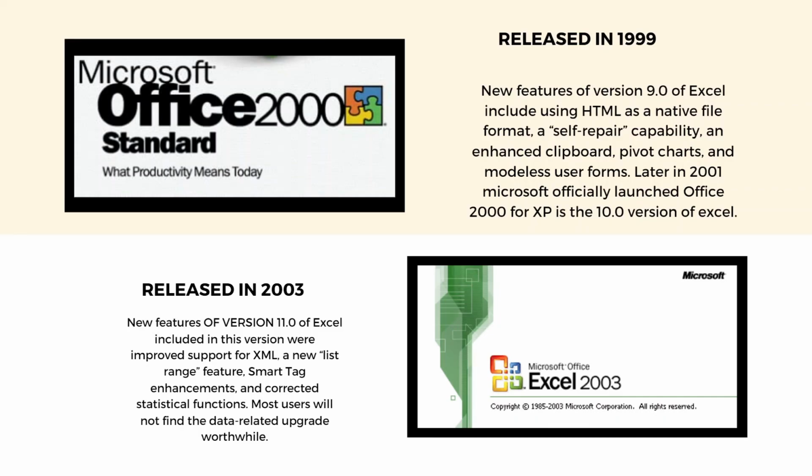They enhanced AutoSum, which now supports average, count, max, minimum, and more. They also enhanced features like find and replace to search the entire workbook. They introduced new features like the formula evaluator and the formula auditing toolbar, which help to reduce formula errors in the workbook.